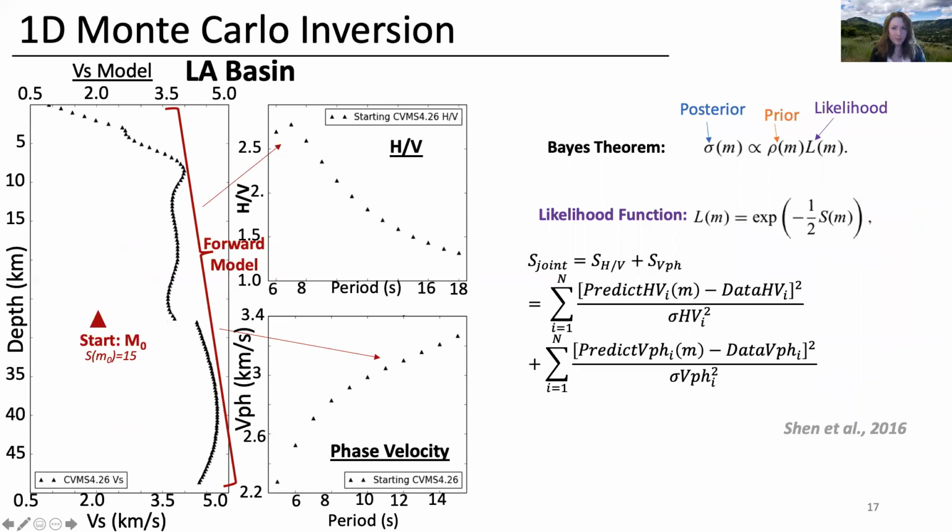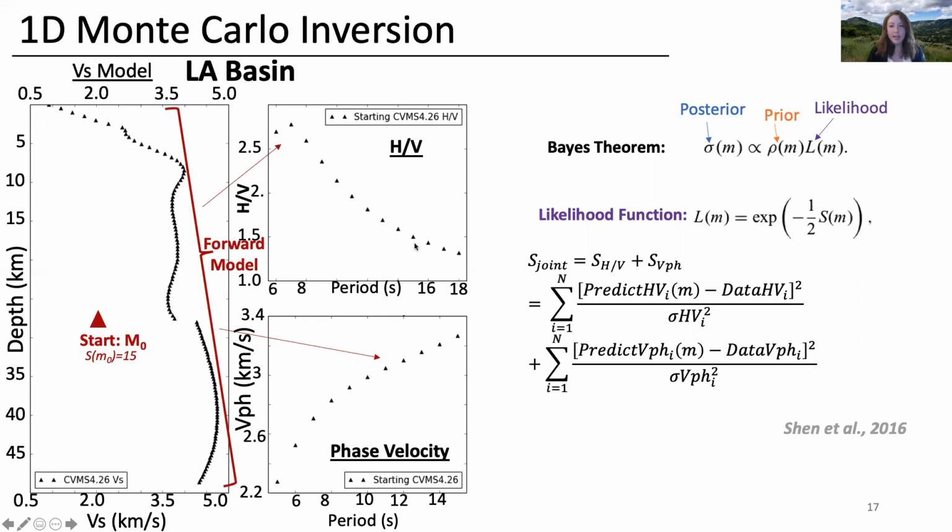In order to form the likelihood function and determine those posterior models, we must forward model a given shear velocity model via Herrmann's Computer Programs in Seismology and determine the expected data values. Here we show the result of forward modeling the starting model M0 and the result for the predicted H/V, shown as period versus H/V, and phase velocity, period versus phase velocity.